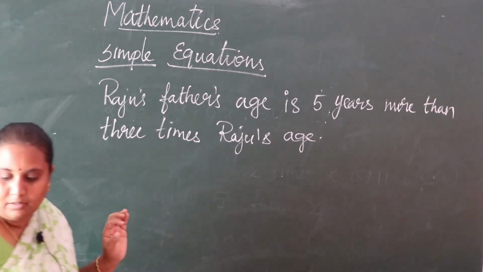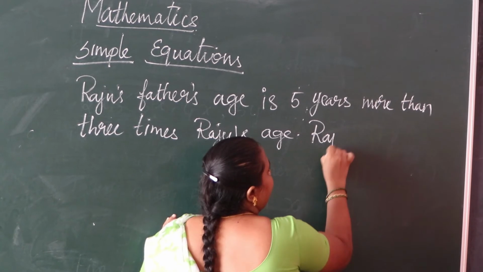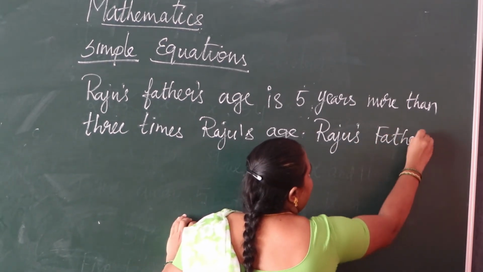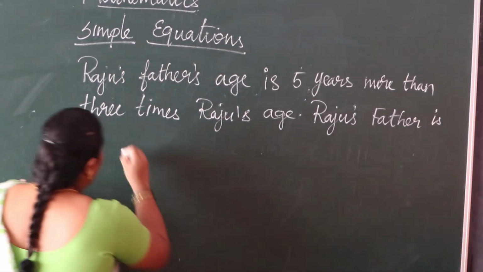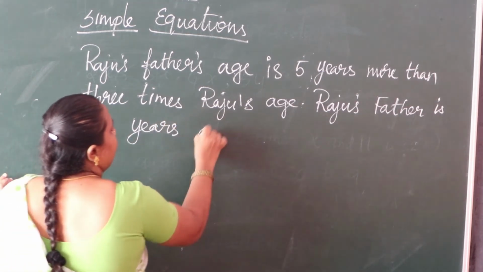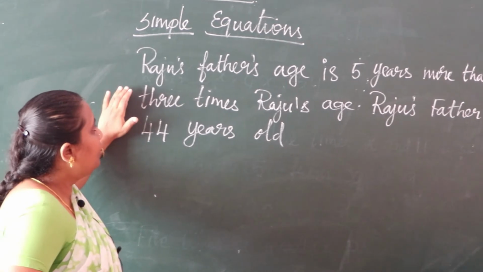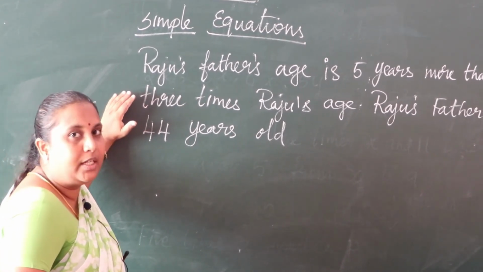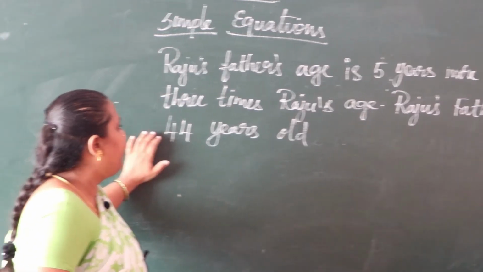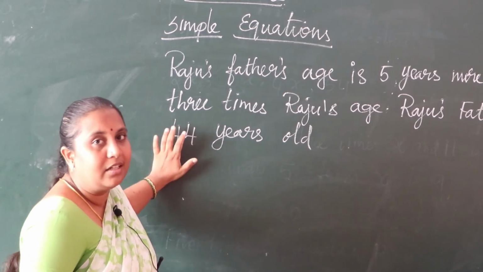Okay, and Raju's father is 44 years old. So it is in a sentence: Raju's father's age is 5 years more than 3 times Raju's age, and Raju's father is 44 years old. So this we can write as an equation.